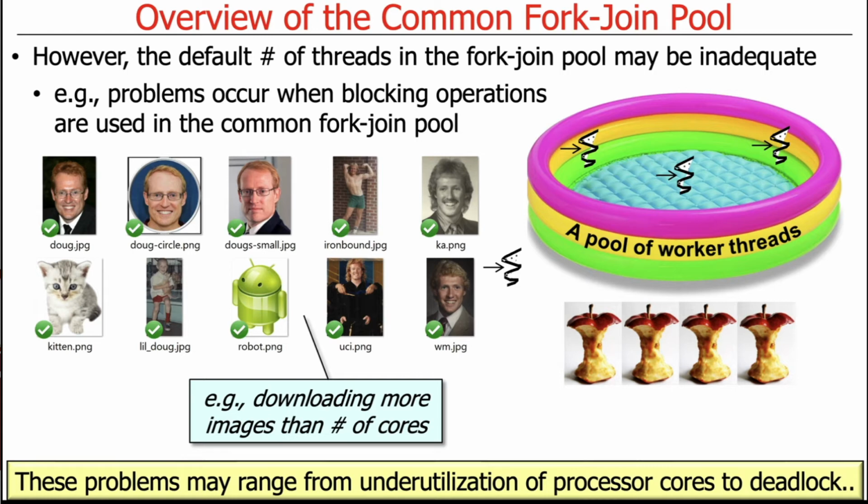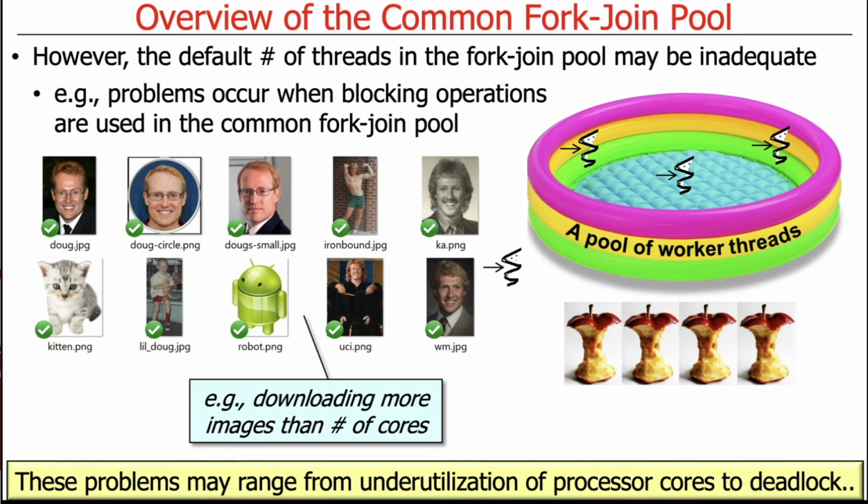And in particular, if the operations we're going to do are going to be blocking operations. So if we have blocking operations, that means, say, downloading a bunch of images as part of an image processing app, then in that case, you're going to have some problems using only the default number of cores. Why is that, you might ask?